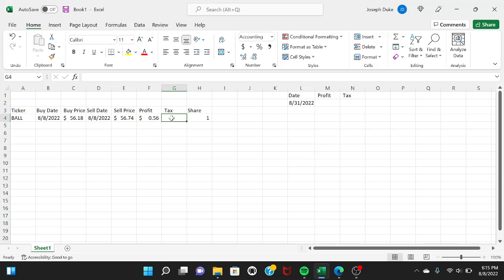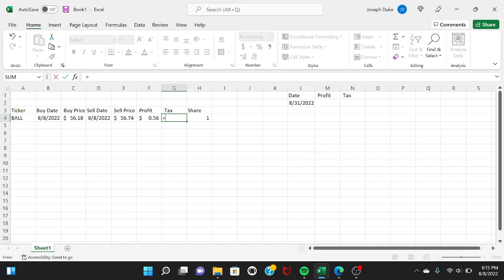Now for taxes, you'll want to see a tax person, but most people are not going to have huge tax implications because as we get further along this journey, I'll show you how you can actually get a bunch of tax write-offs by trading the markets. But we still want to save for taxes. So most people are going to be around the 25% range, and that's an easy number.